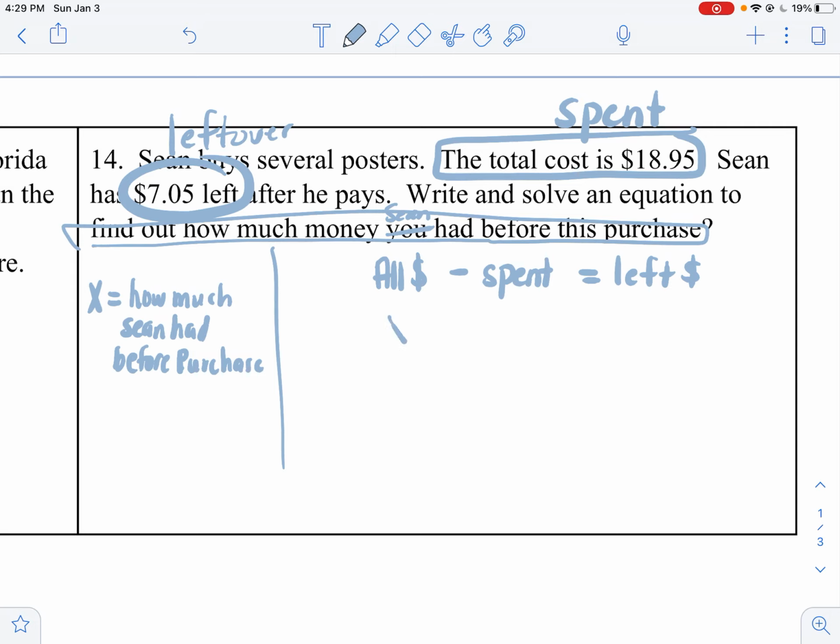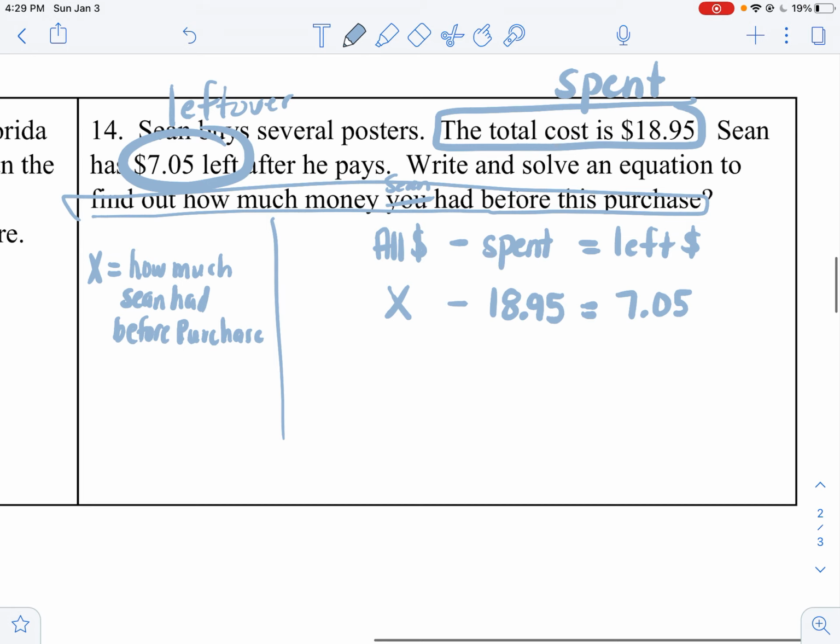All right, so we kind of just mapped it out. How much he started with, well, we don't know, we already defined that one as X, minus how much money he spent, which we know is $18.95, and he is left over with $7.05. So this question said to write and solve, it says it right here, write and solve an equation.